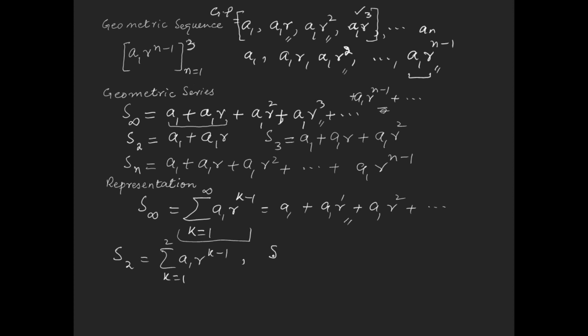Now if we are taking 3 terms up till this point, then S3 is the summation k from 1 to 3 and a1 r power k minus 1. So this series of 3 terms is now this thing. So if we put k is equal to 1, k is equal to 2, k is equal to 3, and we are placing plus signs, then we are getting this series up to 3 terms, and so on.